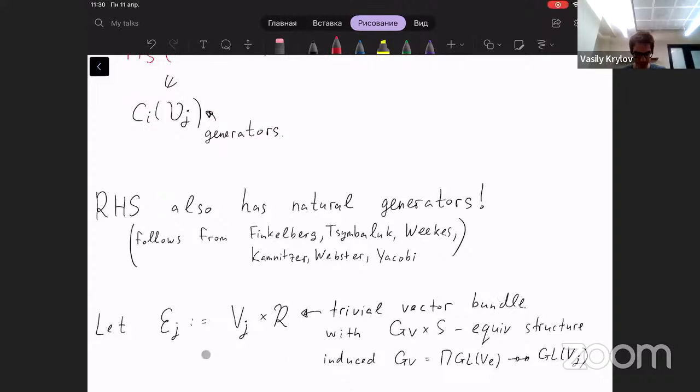You can consider just the trivial vector bundle on your variety of triples, V_j times R, but consider it with an interesting equivariant structure. The equivariant structure will be induced from the action of G_V on V_j, which comes from the projection.